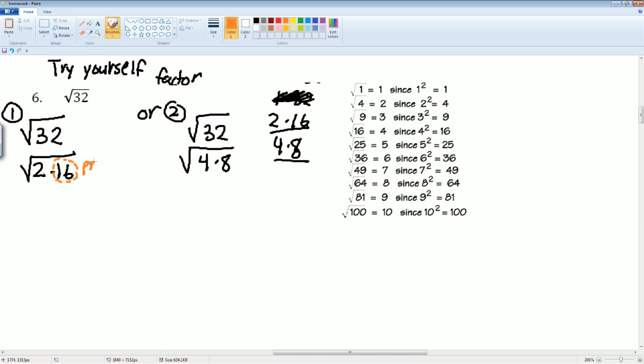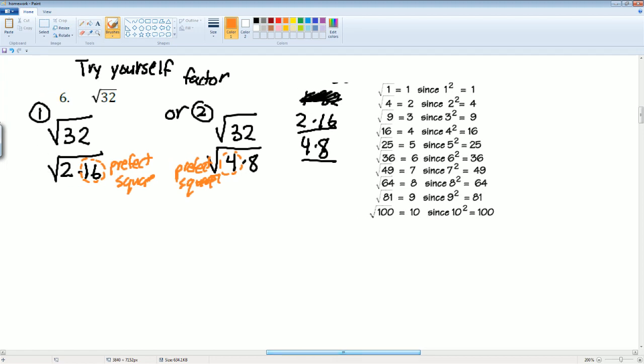Your perfect square here is 4. All right? Here you can take on and do the rest. But that should already help you on the way there.